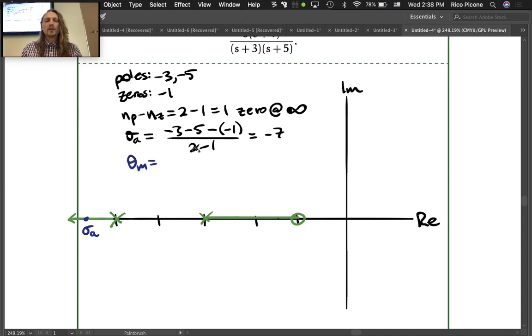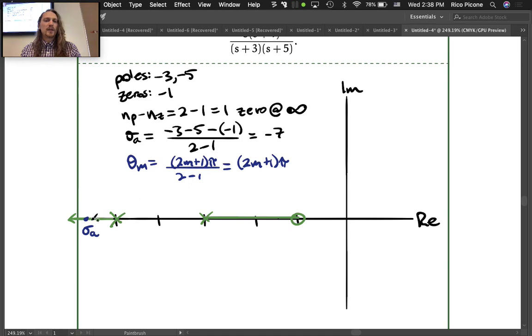The angle, right, there's only going to be one, is going to be at (2m plus 1) pi divided by 2 minus 1, or (2m plus 1) pi. So when m is an integer, m is 0, we've got pi, and then we've got 3 pi, and then 5 pi, etc.